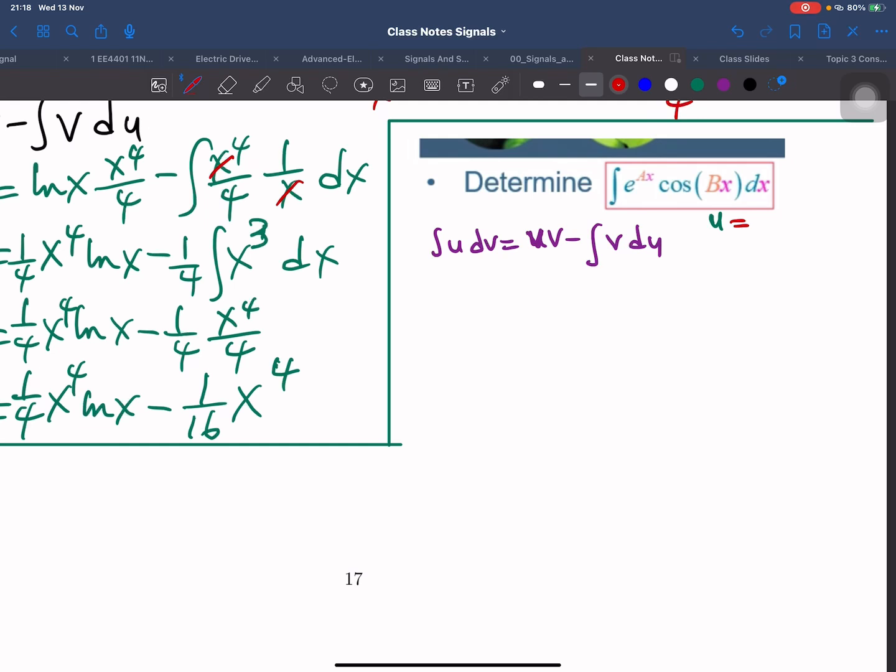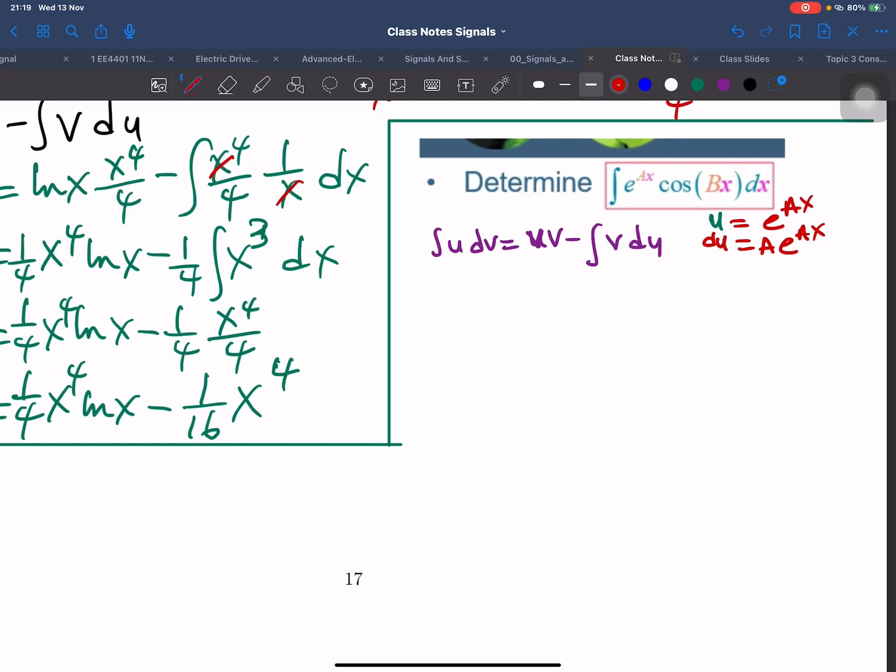Normally, let's make e^(ax) our u, and then du, if you differentiate this, becomes a e^(ax).